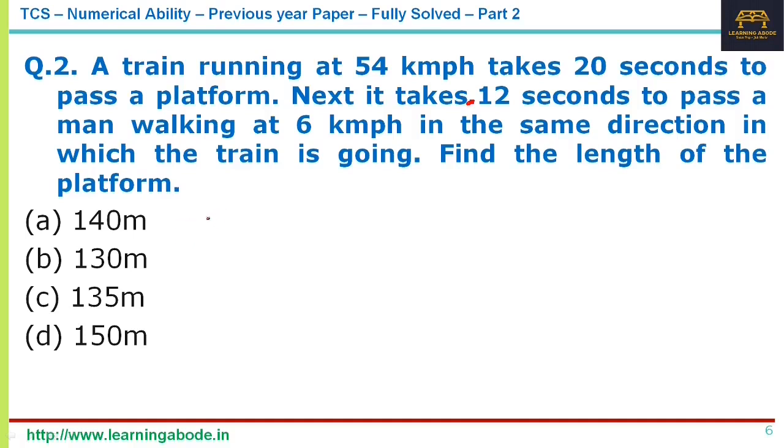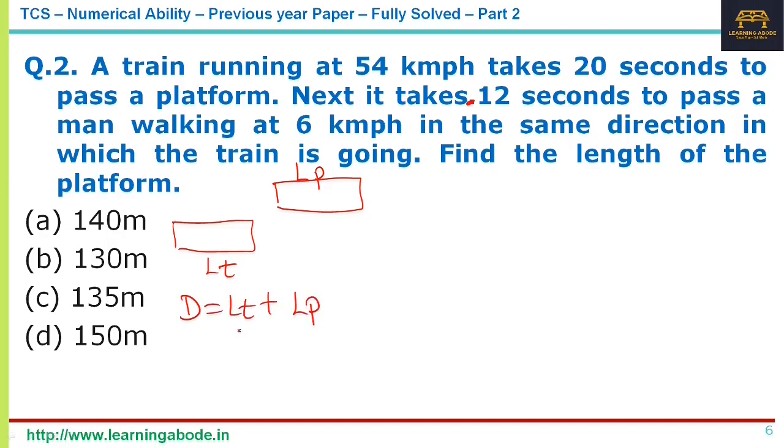So we know when the train is crossing a platform, let's assume that the length of the platform is LP and the length of the train is LT. What happens here? The distance covered is the length of the train plus the length of the platform. That is the total distance covered.